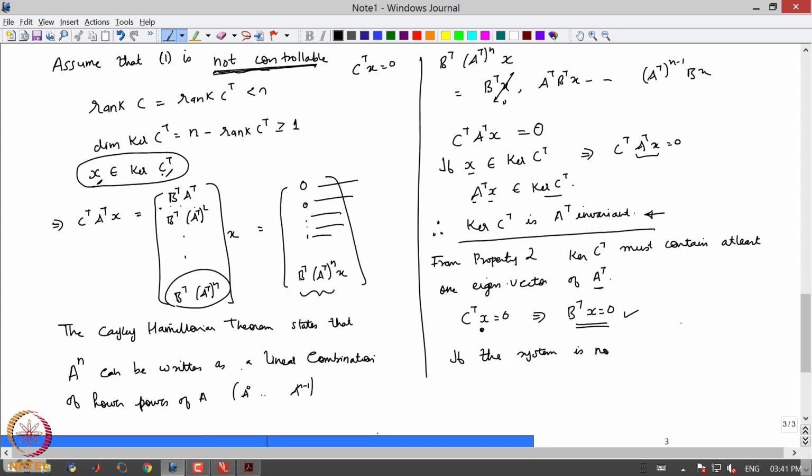So, this means that if the system is not controllable, then there exists an eigenvector of A transpose which is also in the kernel of B transpose.